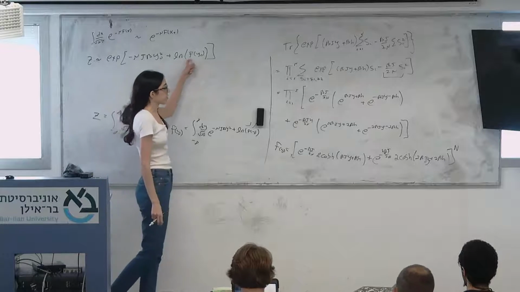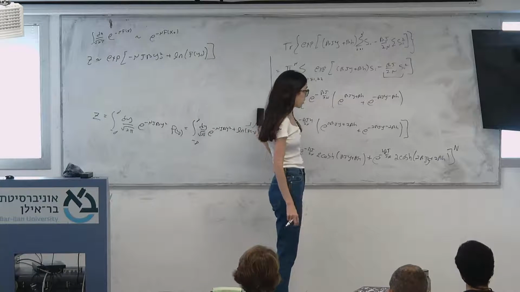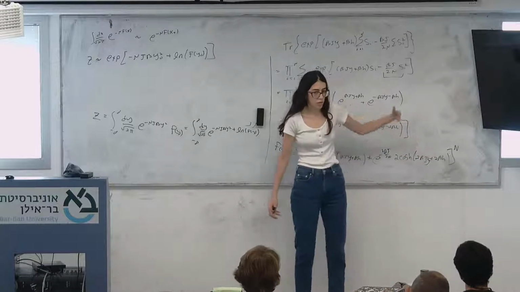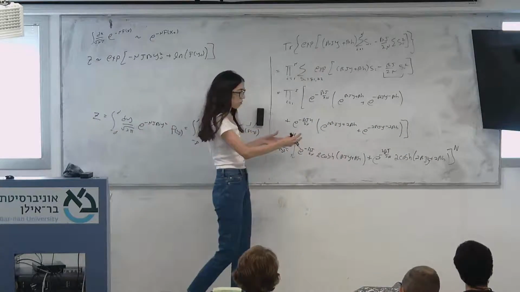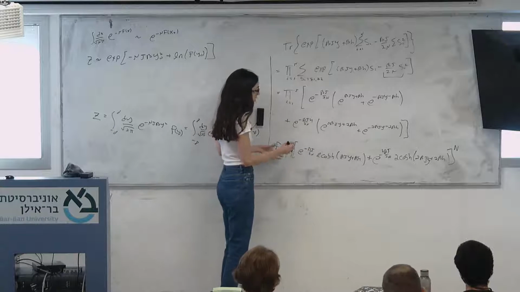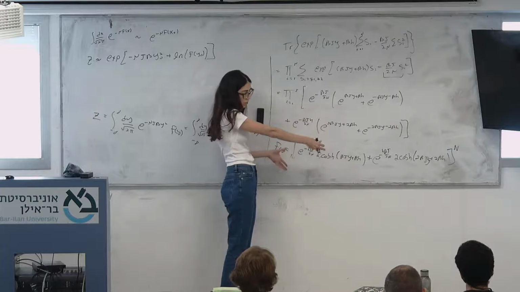Okay, so what is ln of f of y? So f of y is basically a very ugly expression to the power of n. So if I take the log of that, it will be n multiplied by the log of a very ugly expression, right?